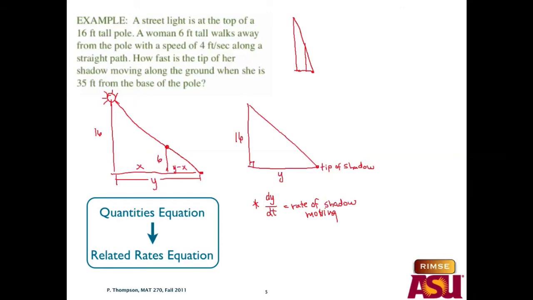x is her distance from the pole, so dx/dt is how fast she's walking away from the pole, which is 4 feet per second. It's not in a triangle, but that's okay. I can still use x and it'll show up elsewhere.